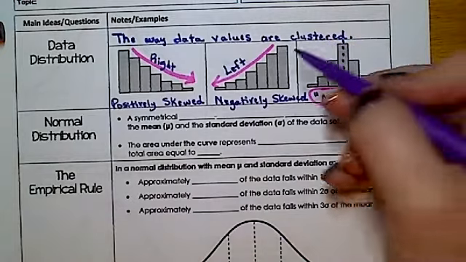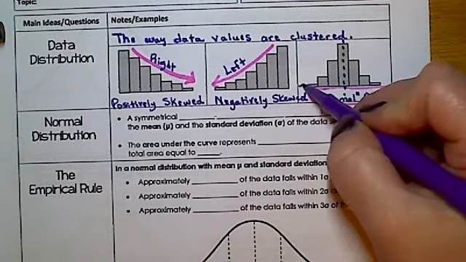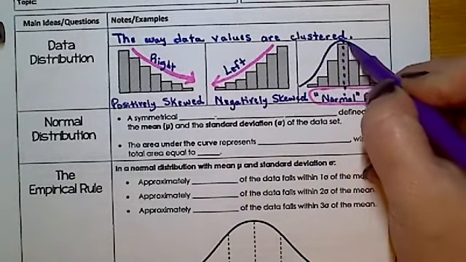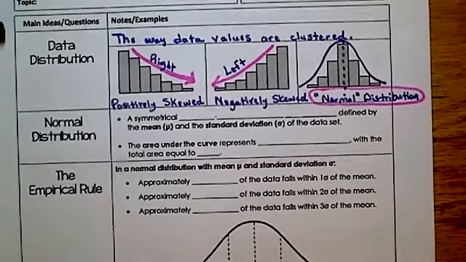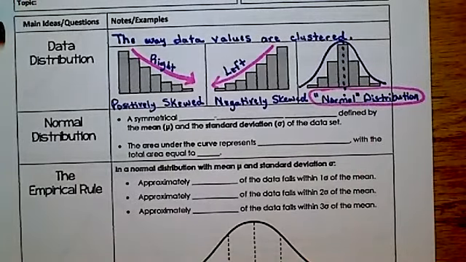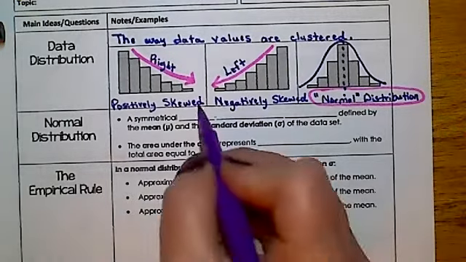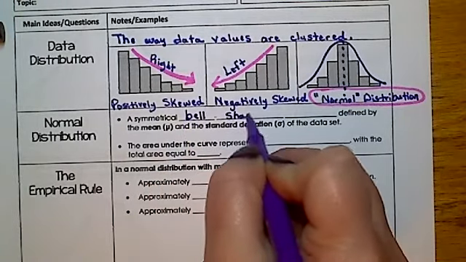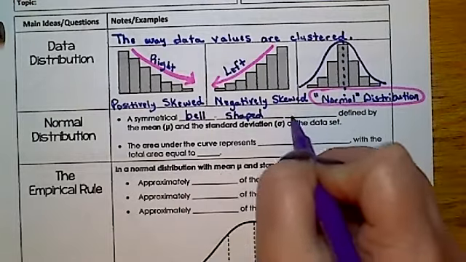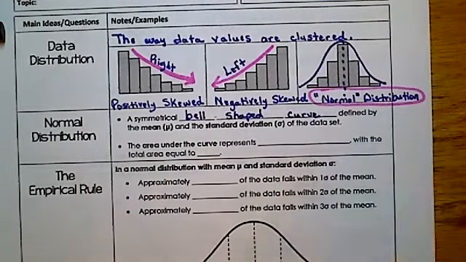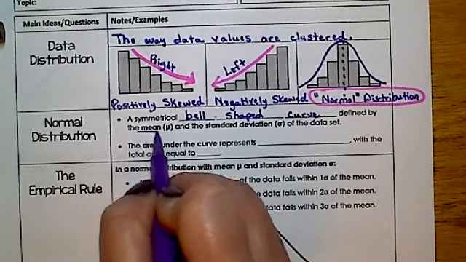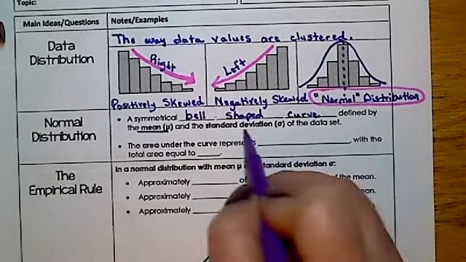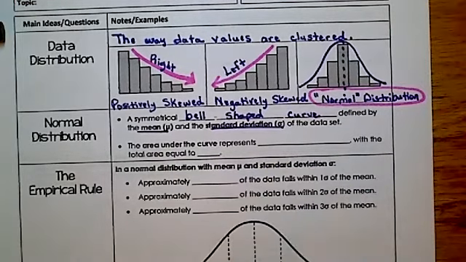So with the empirical rule, you're going to see that this would make what's called a bell-shaped curve. So with the normal, we're going to have a symmetrical bell-shaped curve defined by the mean and the standard deviation.